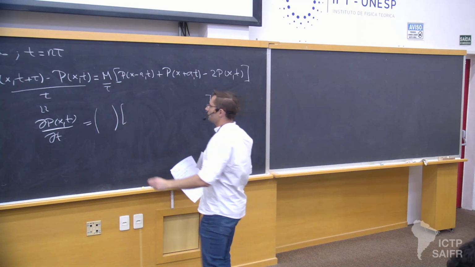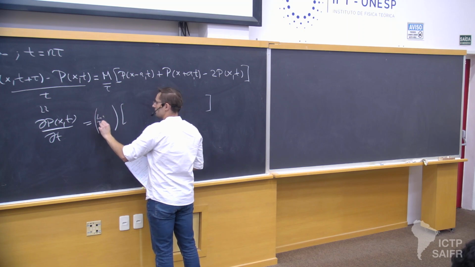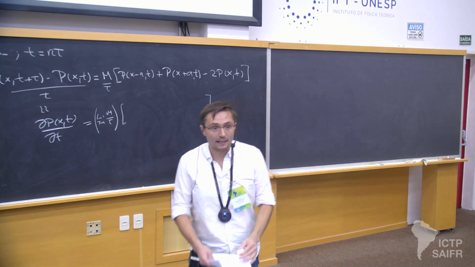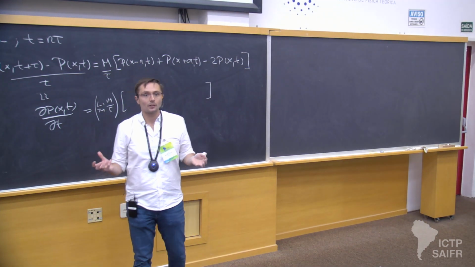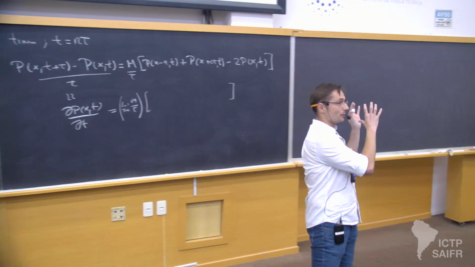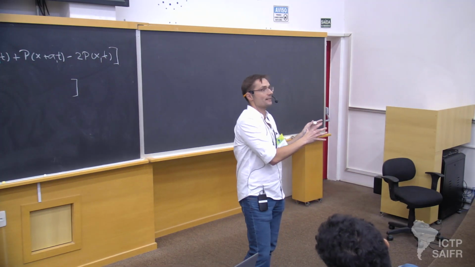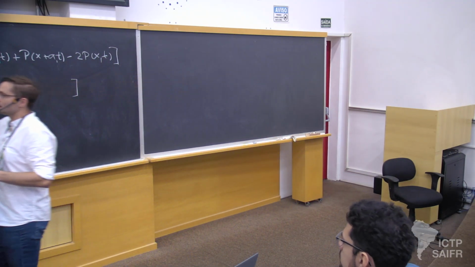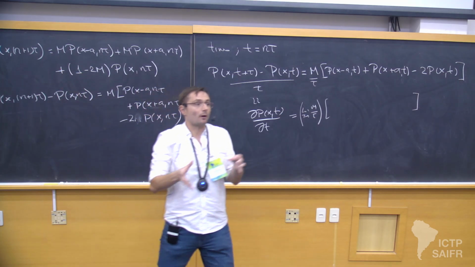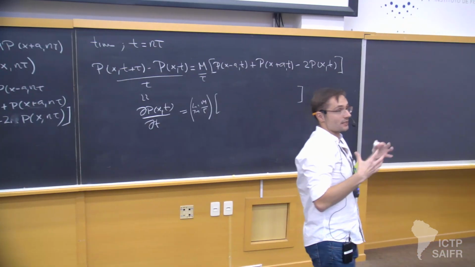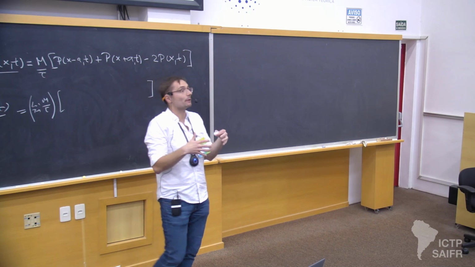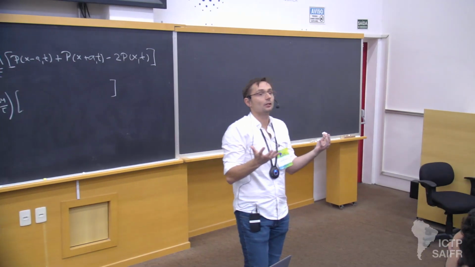So what I have here is the limit when τ goes to 0 of M divided by τ, which basically is a probability transition rate. Usually, if you have studied master equations, or if you take the bibliography books that I gave you to study these things in more detail, the way you introduce these master equations is already in continuous time, and instead of having probabilities that go from 0 to 1, you have transition rates, probability rates that go from 0 to infinity, because they give you the probability per unit time that you observe one of these jumps.